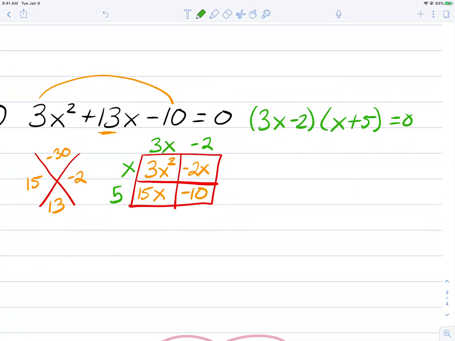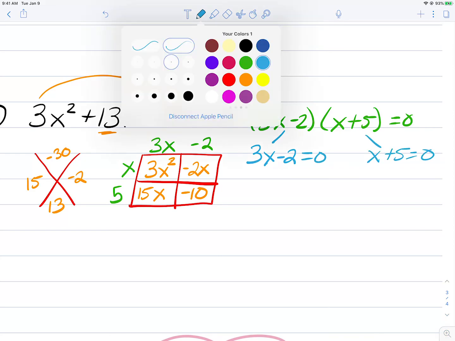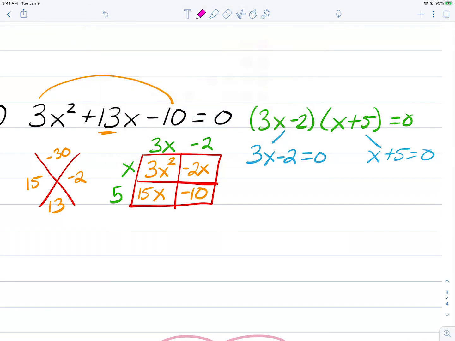Okay, then we do the part where if two factors multiply to 0, then one of them has to equal 0. So I'm going to separate this and have them separately equal to 0. Now, one of the reasons I'm doing this problem is so that you know that sometimes your answers are fractions, and that's okay. Because on this first factor, I'm going to add 2 to both sides. I'm going to get 3x equals 2.